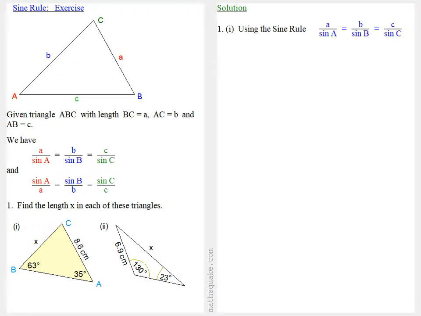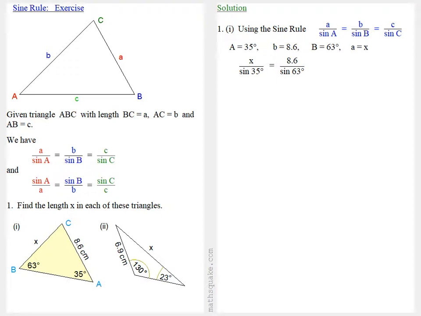Then, using the sine rule, which is a over sine A equals b over sine B equals c over sine C, we have angle A is 35 degrees, side b is 8.6 centimetres, and angle B is 63 degrees. Now the side a is labelled x. So, x over sine of 35 equals 8.6 over the sine of 63.